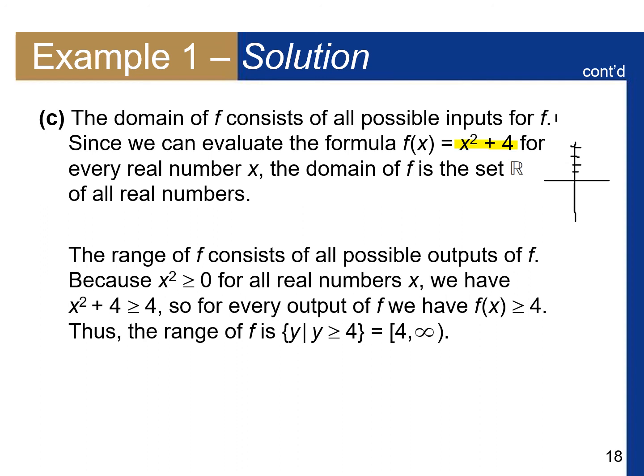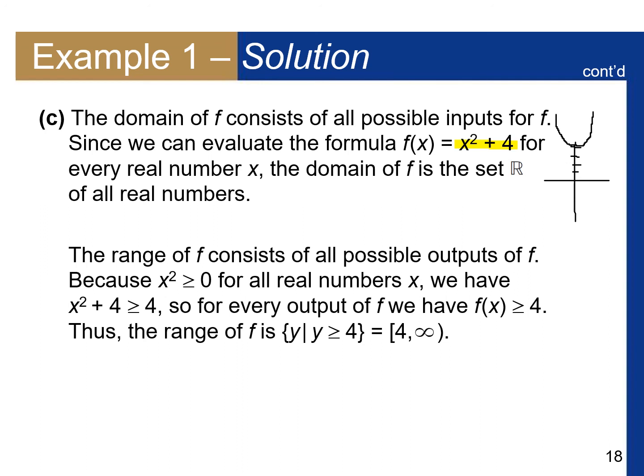So it comes down like this, goes through here, and then goes back up. So we know that x squared is always going to be bigger than or equal to 0, because if you square a negative or a positive, it's never negative. And that means if we add 4 to that, we're going to raise everything up 4. So the range is all y such that y is greater than or equal to 4.